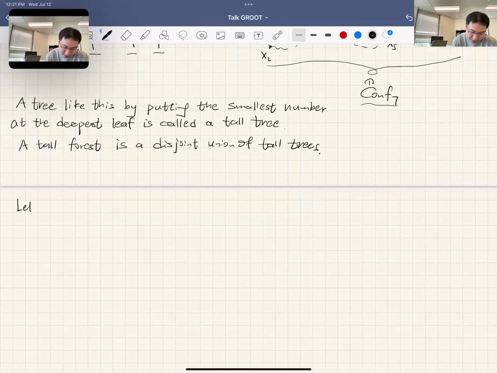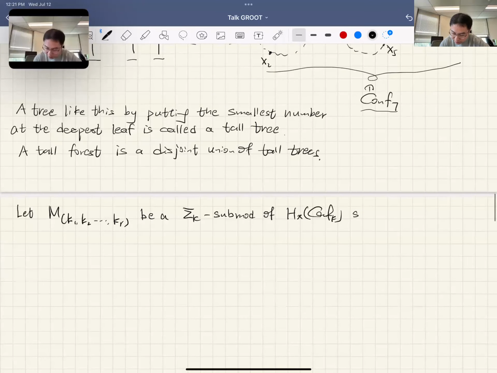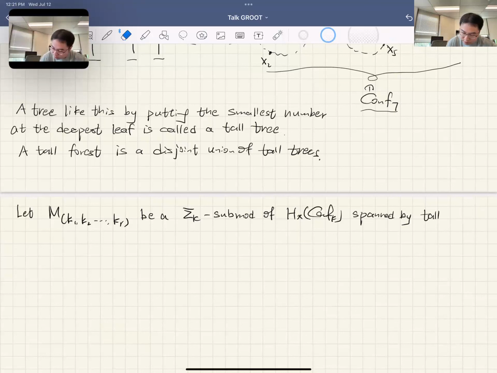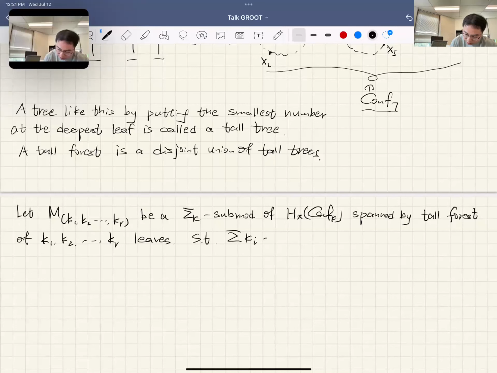If I let M sub k1, k2, all the way to kr be a sigma k submodule of H star of Conf k spanned by tall trees, tall forests, of k1, k2, and kr leaves, such that the summation is equal to k.